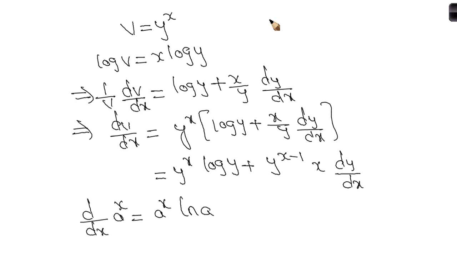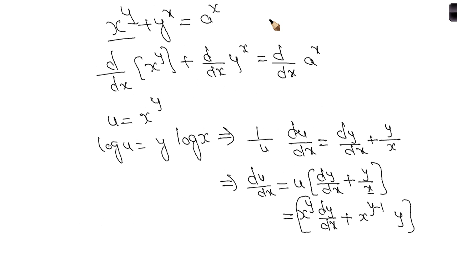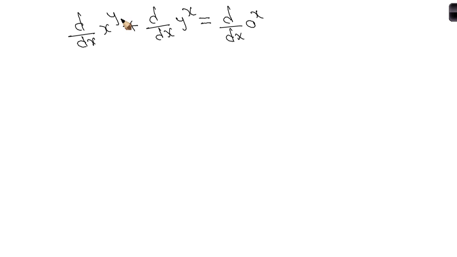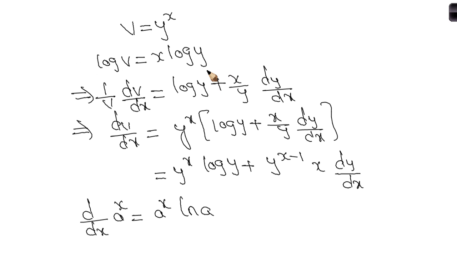We got the derivative of x power y as x power y log x into dy by dx plus x power y minus 1 into y. Plus we got the derivative of y power x as y power x log y plus y power x minus 1 into x into dy by dx.